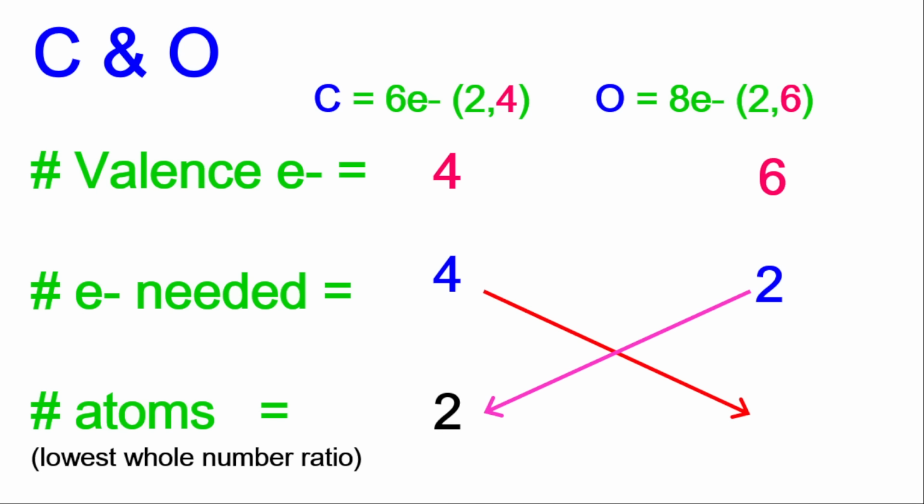Up to this point you should be okay. So here we have 2 and 4, and here we say we need the lowest possible number. 2 and 4 is not the lowest possible number because you can divide 2 by 2 and 4 by 2, and you get a lower number, which is 1 and 2. If you follow this method, you would have 2 carbon with 4 oxygen, but again we can go lower because both of them can be divided by 2.